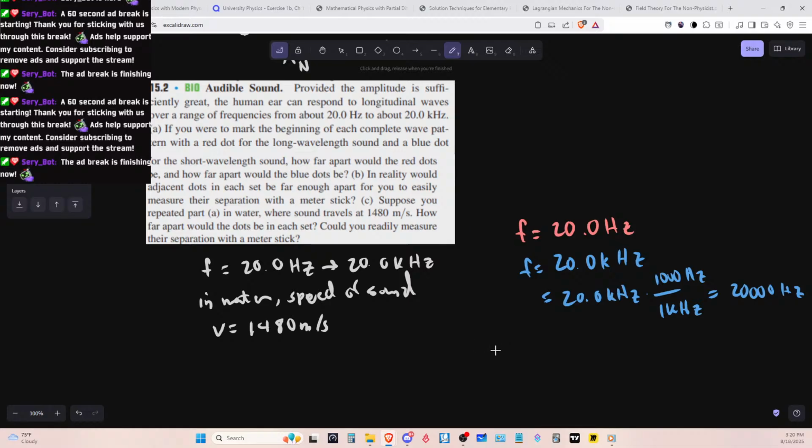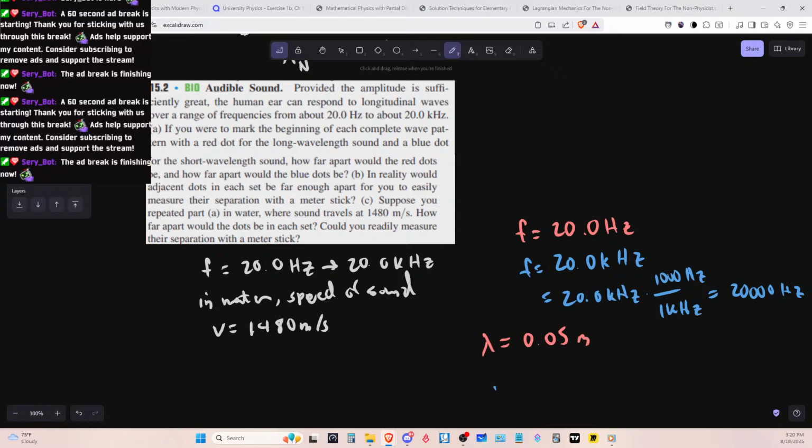So let's calculate the red wavelength, because I think that's going to be, let's see, 20 hertz. That's around 0.05 meters.